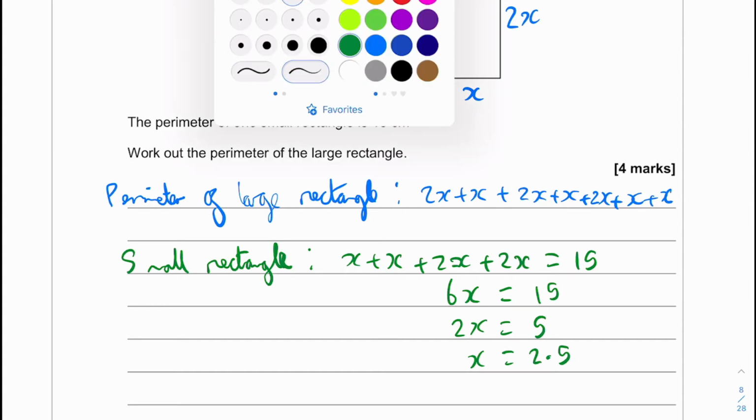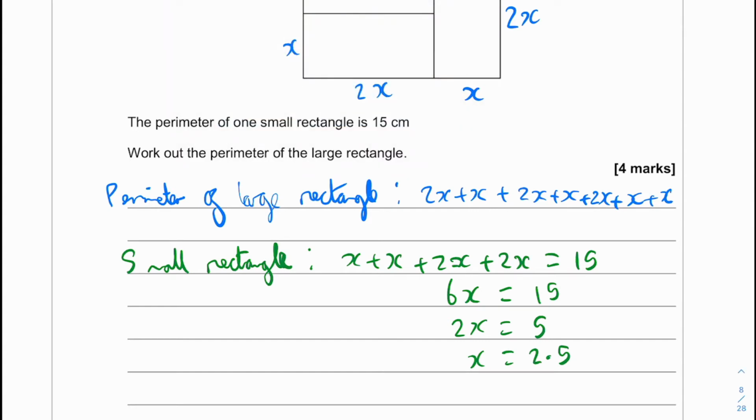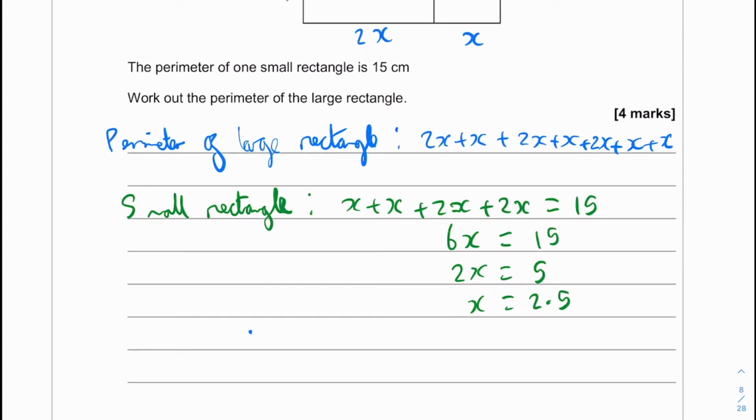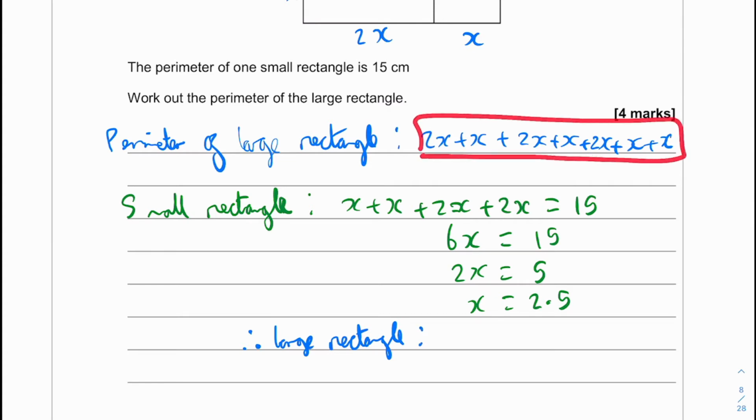So if we go back to our small triangle, sorry, the large rectangle up here, what we can now say is that therefore the large rectangle, which is equal to, if we just add all these up, what we get is 3x here, and then we've got 5x, 6, 7, 8, 9, 10x.